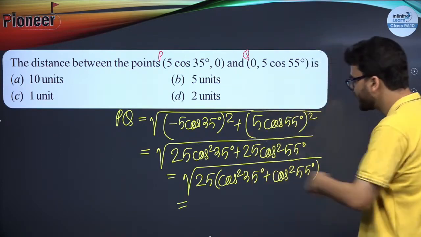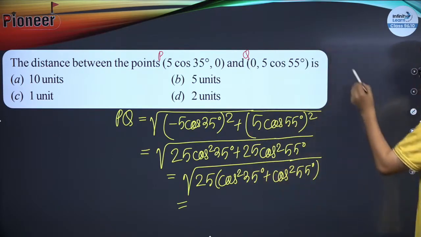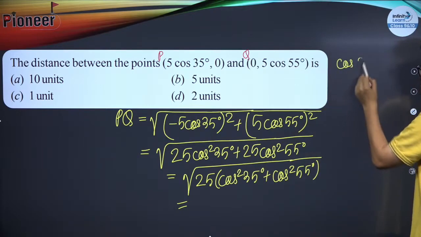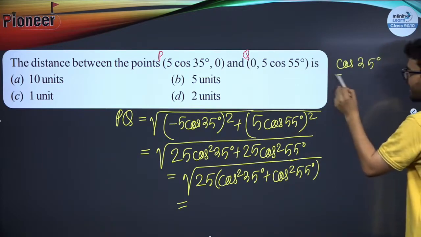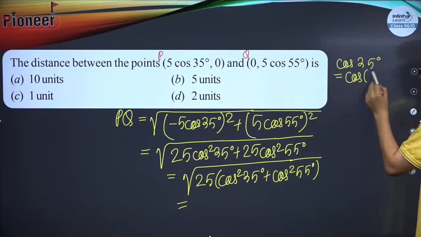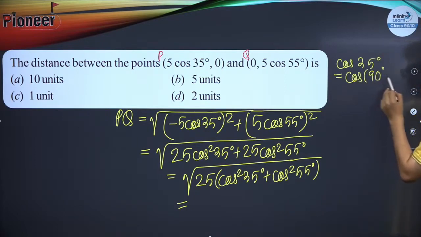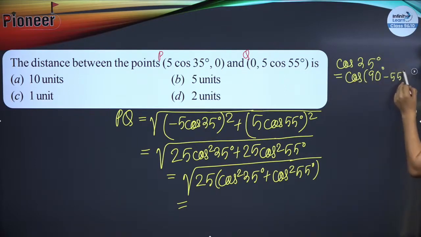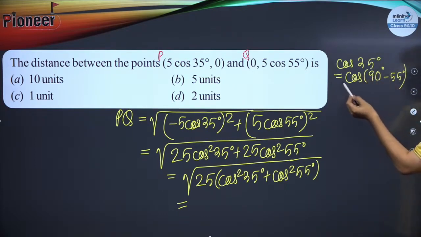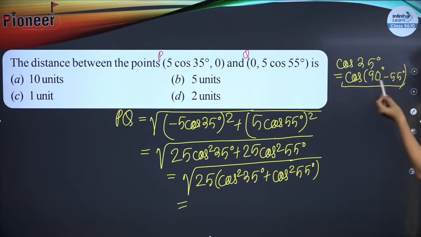So you see over here, so suppose I take cos 35. What can I write, guys? Cos 35 degrees. Can I write it like this? Cos 90 minus 55 degrees. Can I write it like this, guys? Tell me. Cos 90 minus 55, because 35 is nothing but 90 minus 55. Now there is this thing, cos 90 minus any angle.